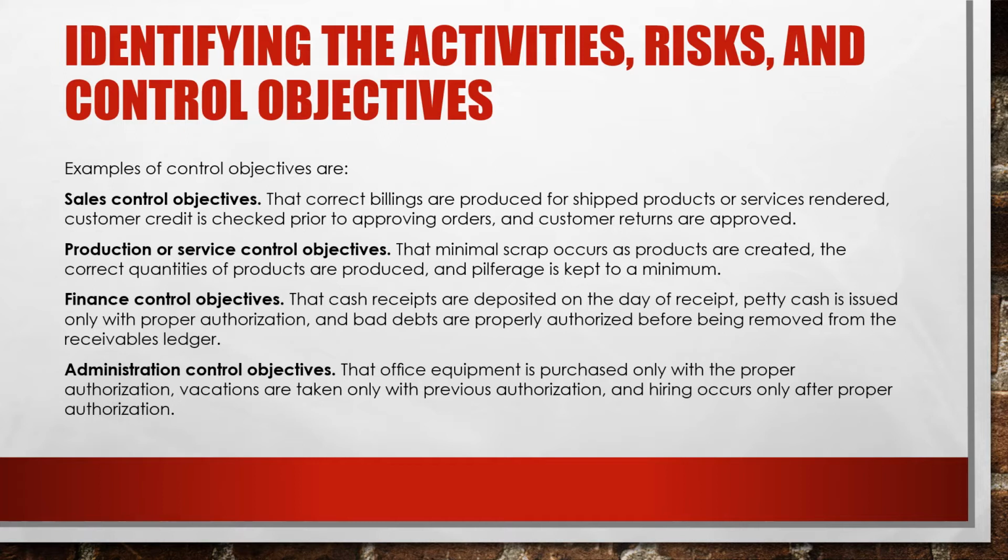So we ensure those assets are properly approved by the responsible person. Vacations are taken only with previous authorization. So when you go on vacation, you ensure that it is approved by your supervisor.